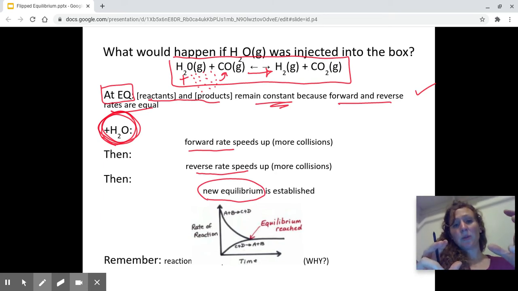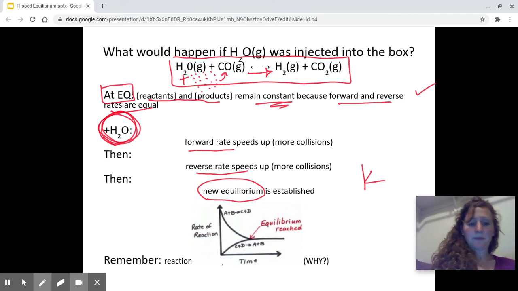A new equilibrium, which has new amounts of all our reactants and products, but our ratio between them is still the same. When equilibrium happens, it always happens to satisfy this ratio, even if the amounts have to shift and change.